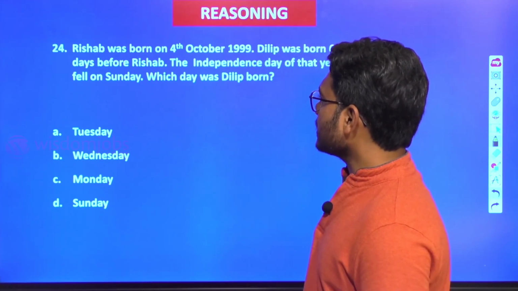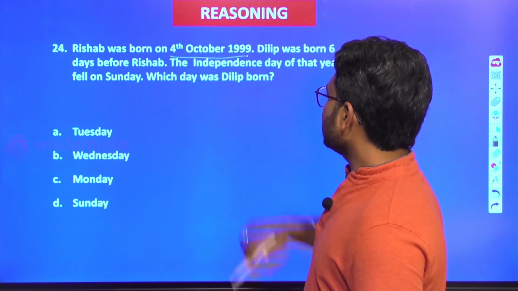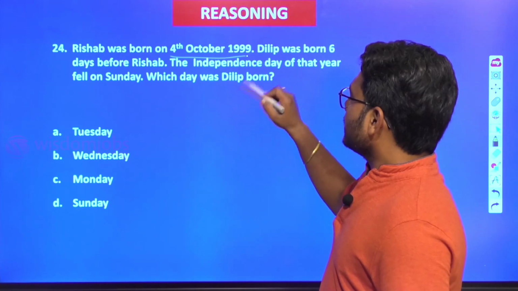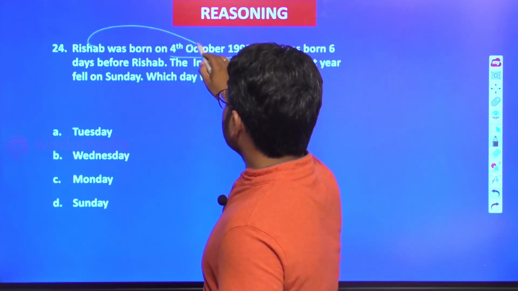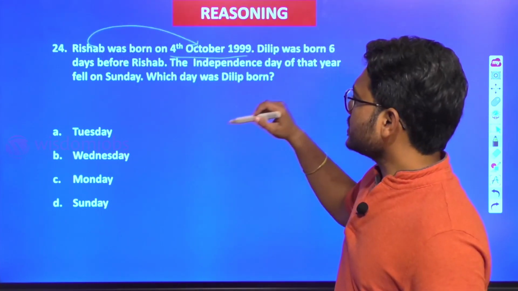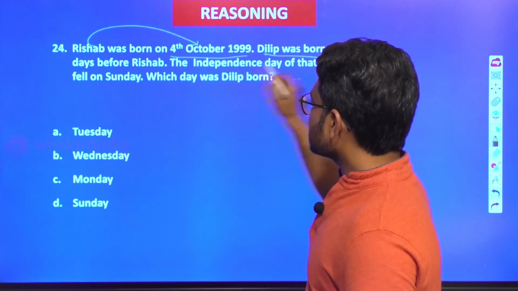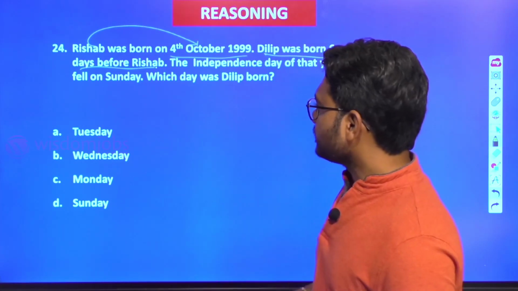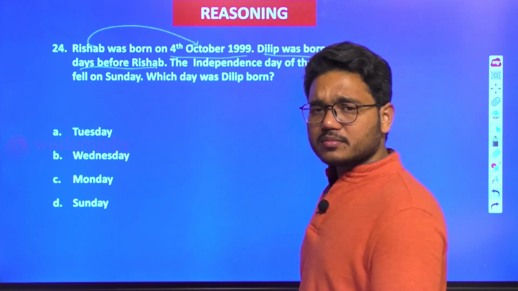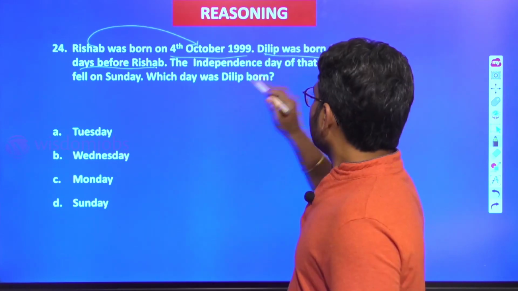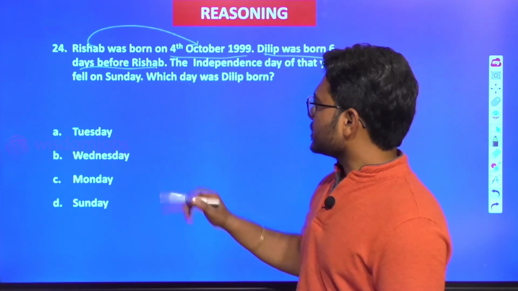Rishabh was born on 4th October 1999. Everything is important here. Dilip was born 6 days before Rishabh.